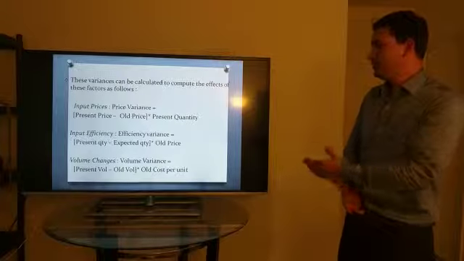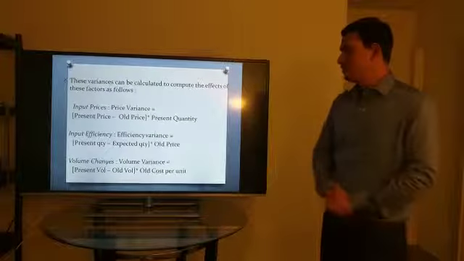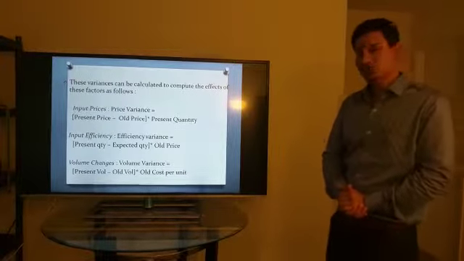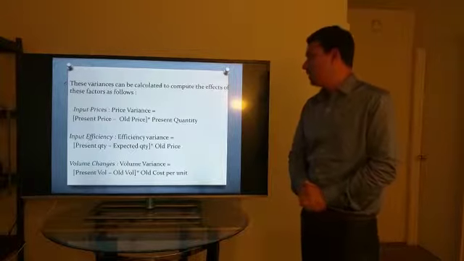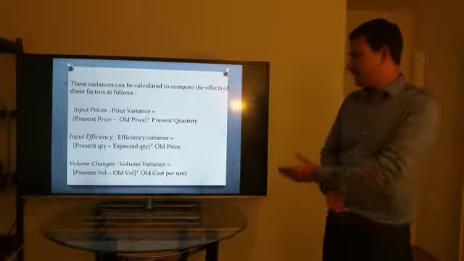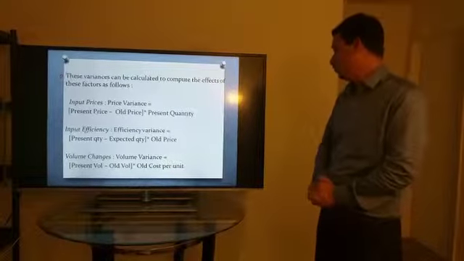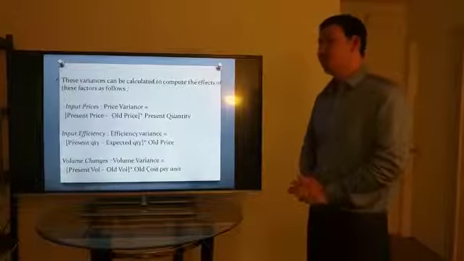Efficiency variance equals present quantity minus expected quantity, multiplied by the old price. Volume variance equals present volume minus old volume, multiplied by the old cost per unit.